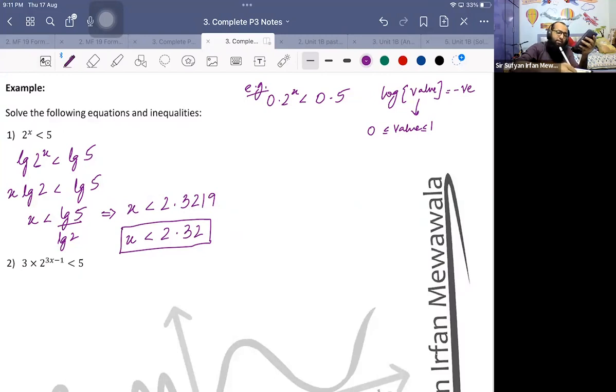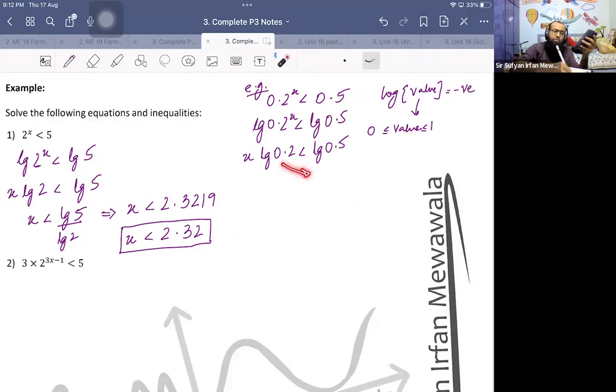So keeping that in mind, if we adopt the same practice over here, taking lg on both the sides, then using the power law, x lg 0.2 is less than lg 0.5. Now over here, the inequality sign will get reversed. You know why? If someone is directly dividing lg 0.5 by lg 0.2, that person will never come to know that there was some negativity involved and the inequality sign has to be reversed.